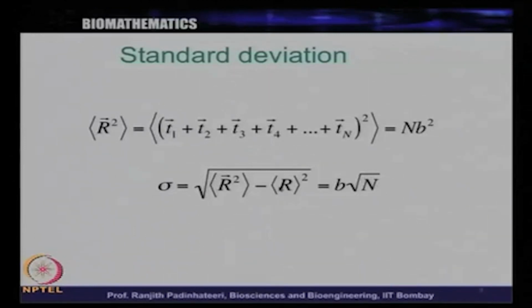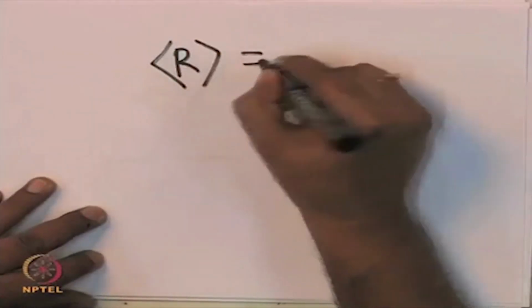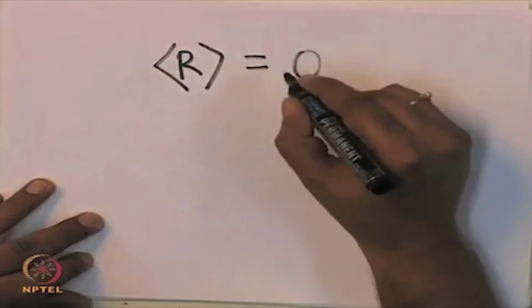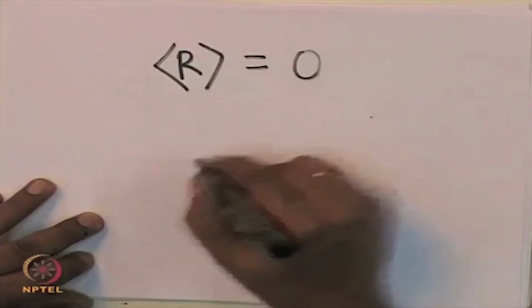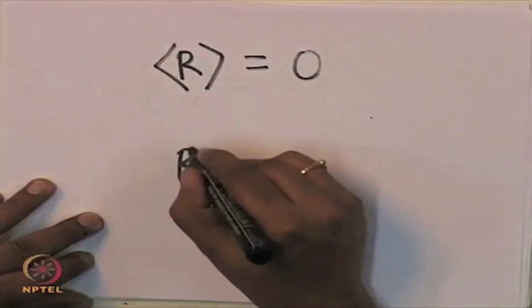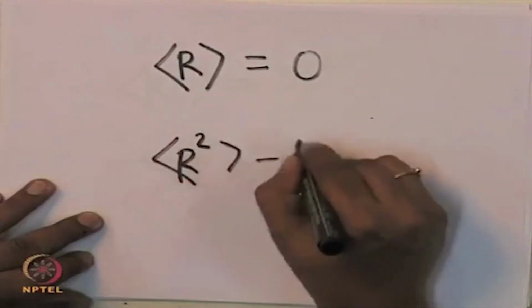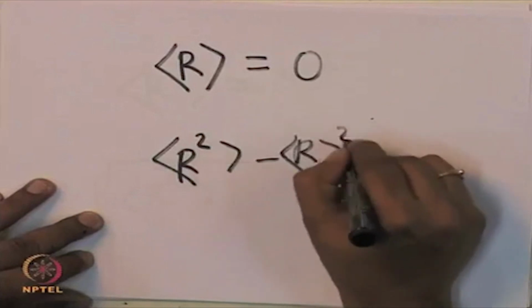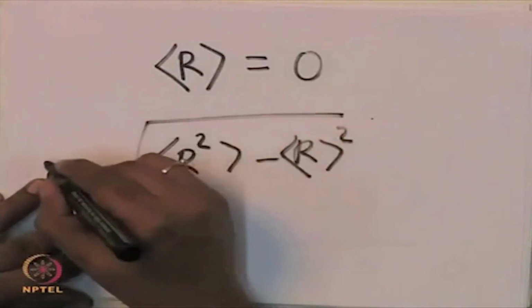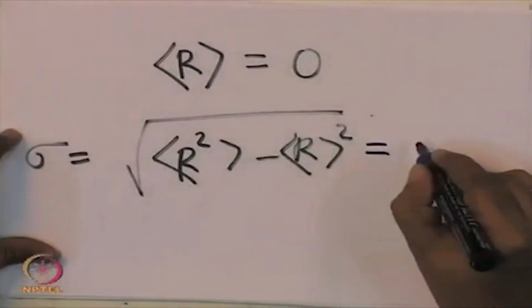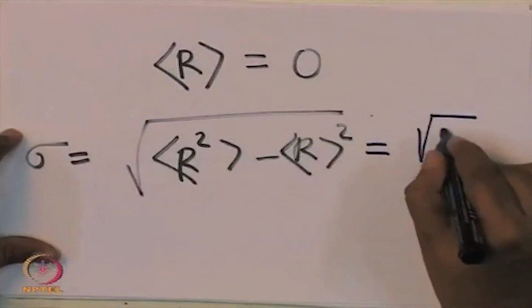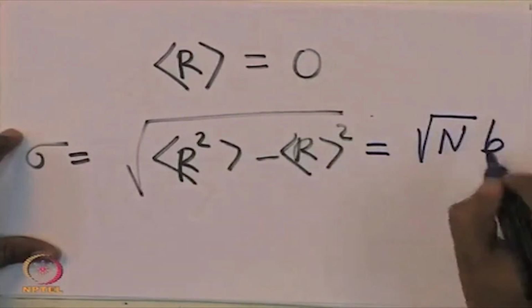We found that R average of a flexible protein, a random protein that can take a random configuration, will be 0, and sigma, defined as root of R square average minus R average square, will be square root of n times b.